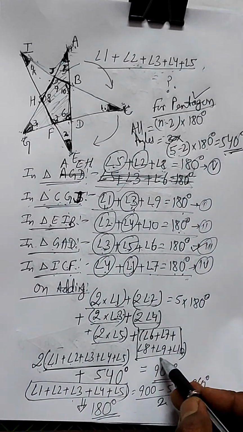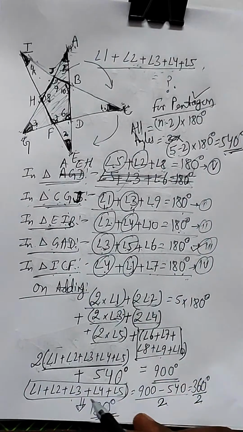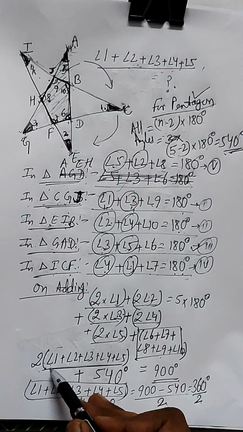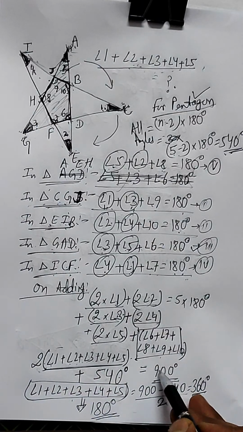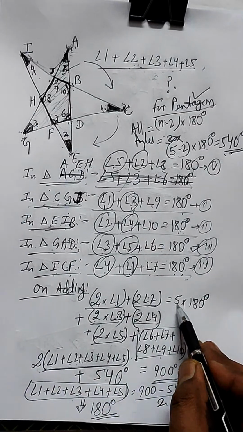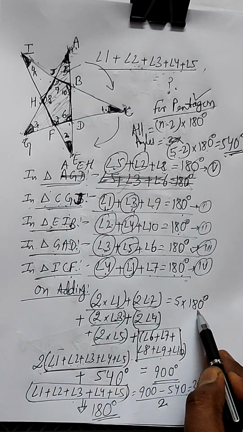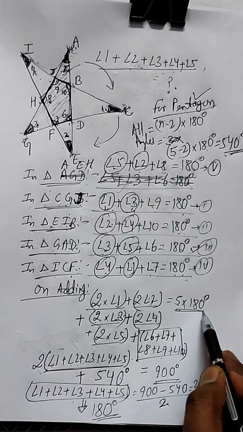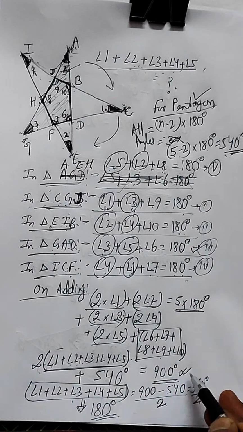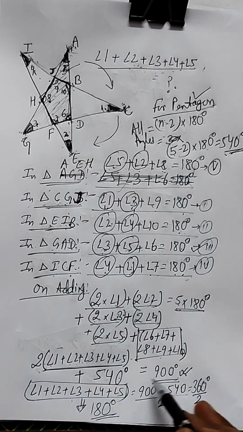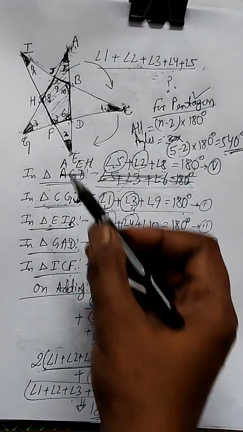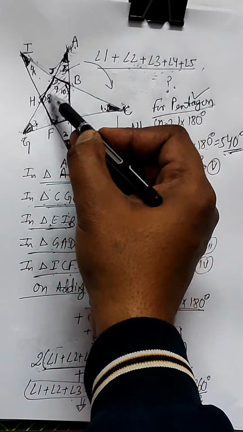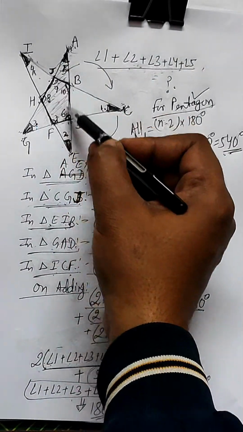So just put the value of 540 over here. On the RHS, 5 into 180 is 900. So 900 minus this 540, moving from LHS to RHS, where 540 is the sum of all the interior angles of this closed polygon, which is a pentagon.